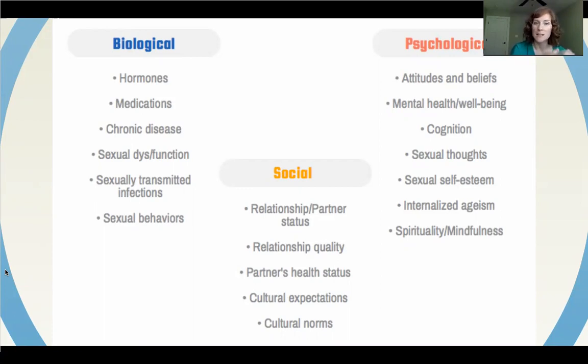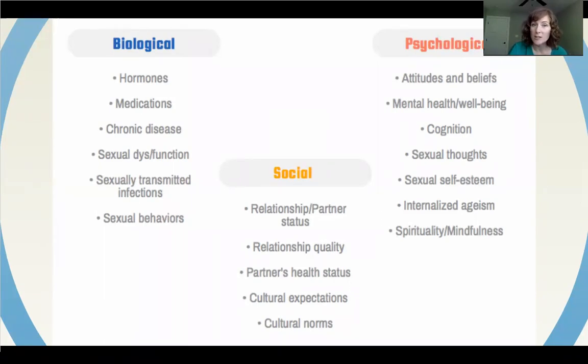Medications and chronic disease, these two kind of go hand in hand. So things like heart disease are going to affect blood flow, which I mentioned last time, as well as diabetes affects your blood vessels a lot. That means your ability to have blood flowing to those sexual organs that need it for arousal, plateau phases and orgasm is going to be depleted if you have physical health problems like heart disease or diabetes.